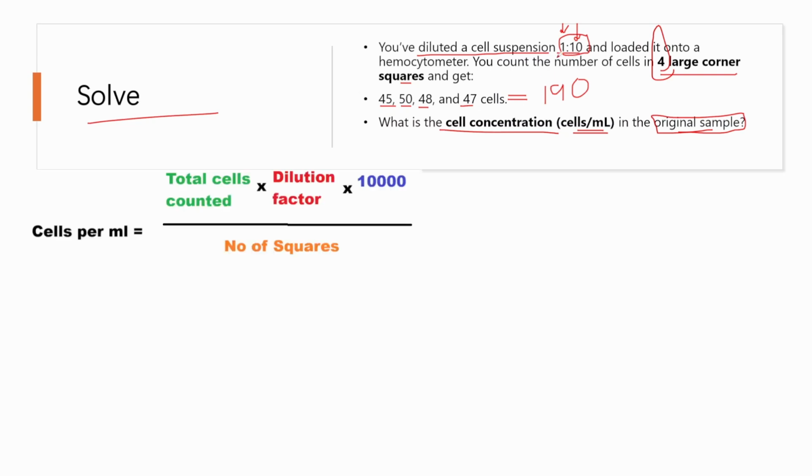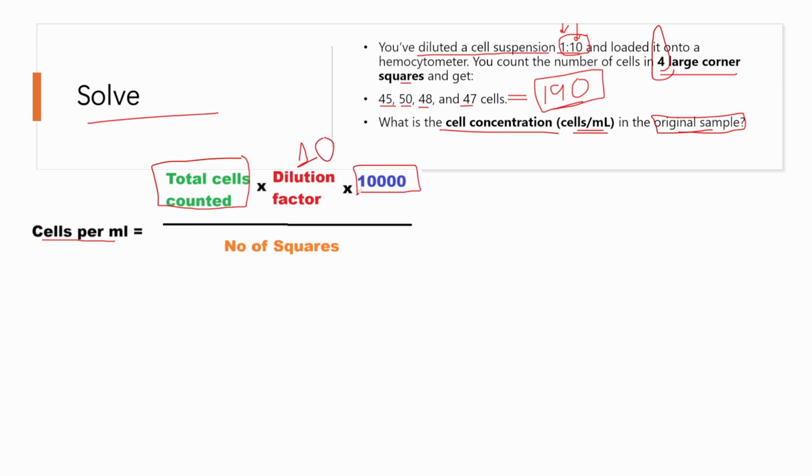So this right over here is our equation that we can use. For cells per ml, it's going to be the total cells we counted, which is 190 over here, and the dilution factor, which is going to be 10 over here. We will multiply it with the volume conversion factor.